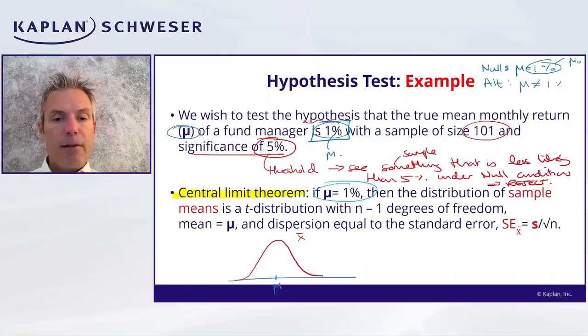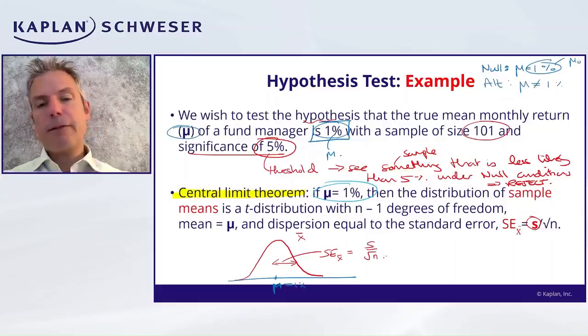When you take an x bar, you're actually sampling from this distribution, where the expected value for x bar, the middle of the distribution, is mu, which we're hypothesizing to be 1%, and the dispersion of this distribution is the standard error of x bar, which we usually calculate as the observed sample standard deviation S over root n.